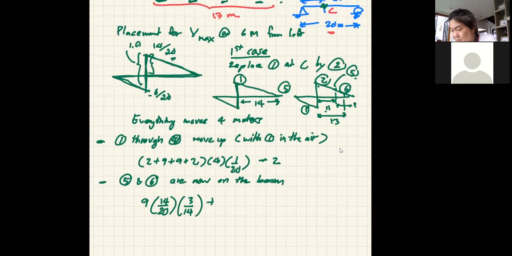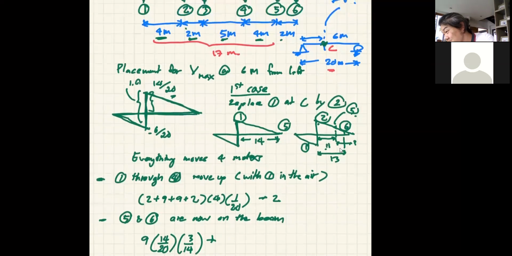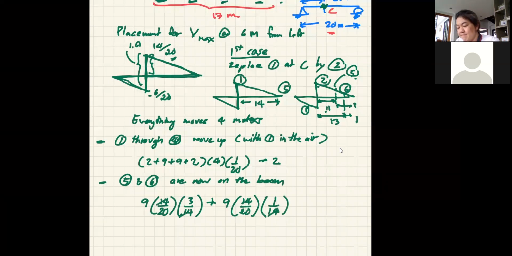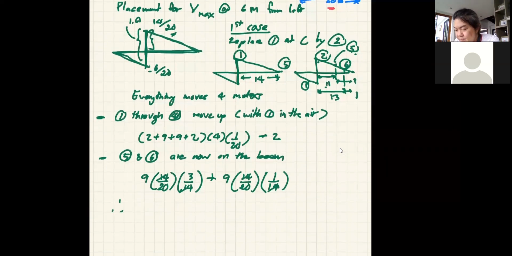And then load number 6 is 9 tons as well. The value here is 14/20, and then this distance, if that's 13, so that's 1. It's 1/14. See how 14 cancel each other out nicely. So that's delta shear when 2 replaces 1, is equal to that number.